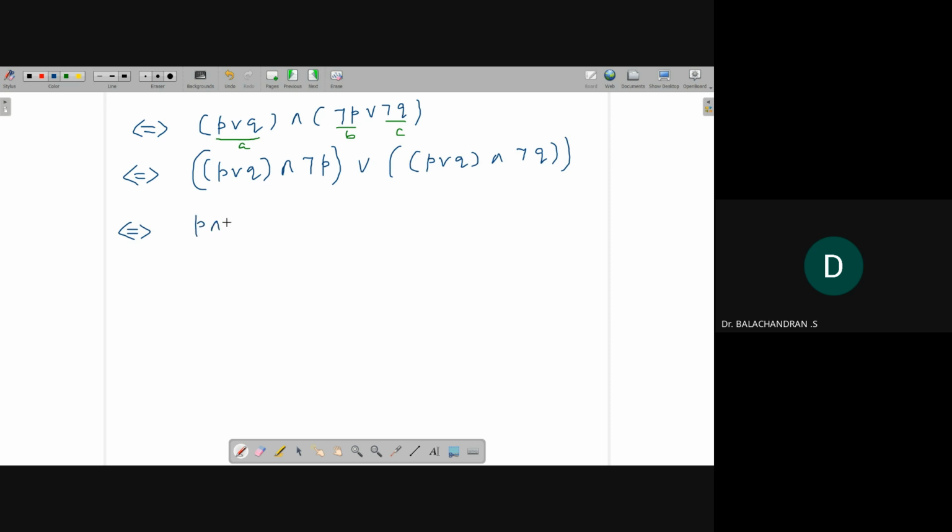P and negation Q or Q and negation P or P and negation Q or Q and negation Q.